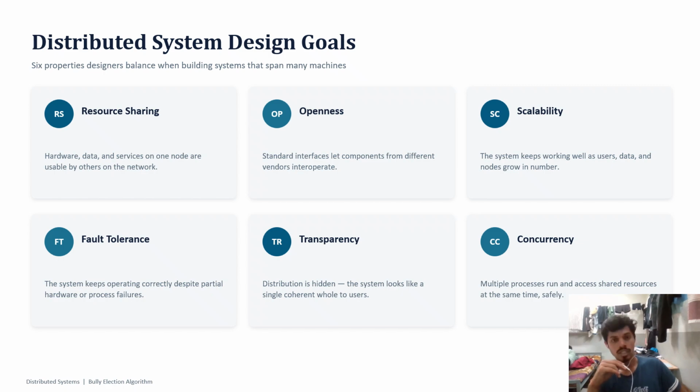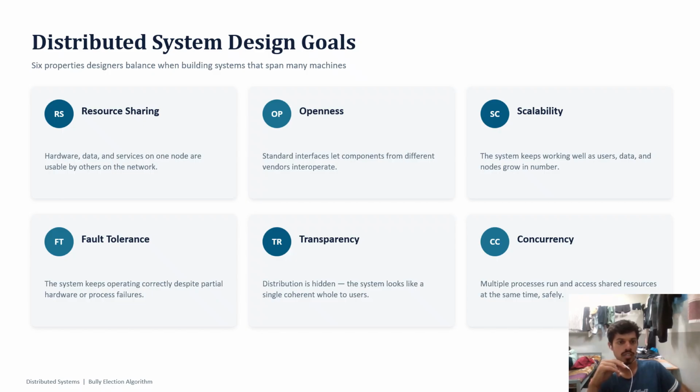So the distributed system has basically 6 design goals. It is divided into 6 roles that are here. First is resource sharing. So what is resource sharing? Resource sharing means the distributed system shares resources.